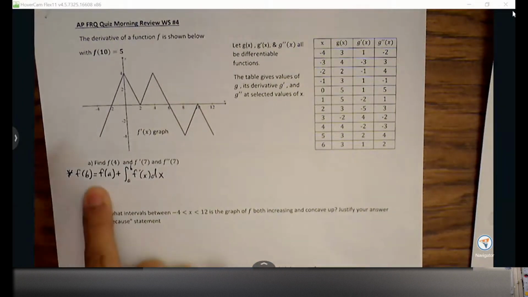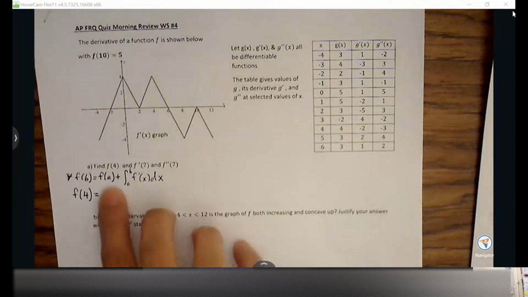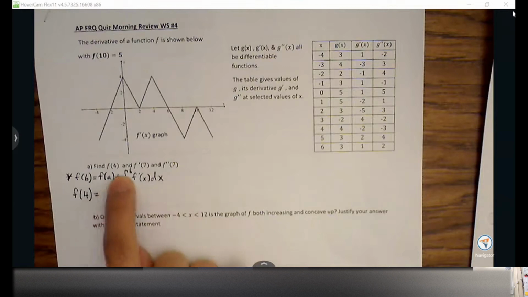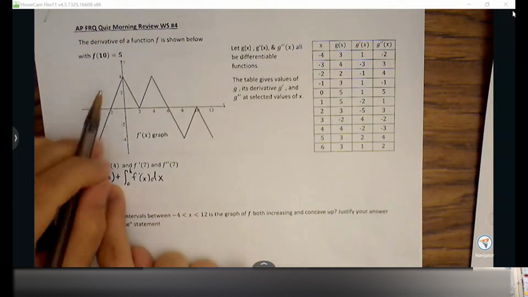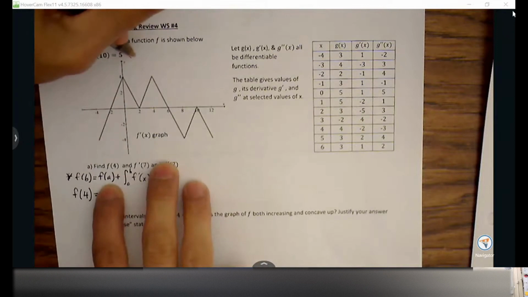So we're looking for f of 4. And we need to start at f of a. We need to have a starting point, and that starting point is going to be whatever is given. Okay, so this is our given starting point.